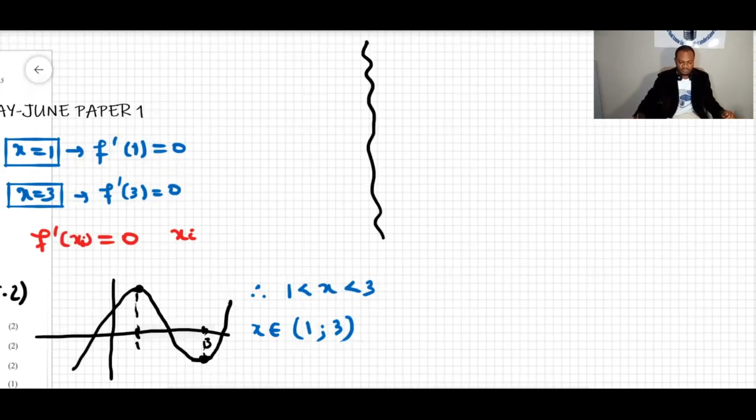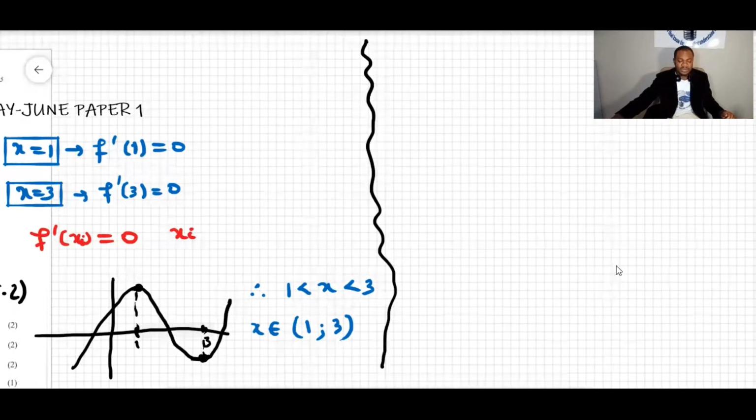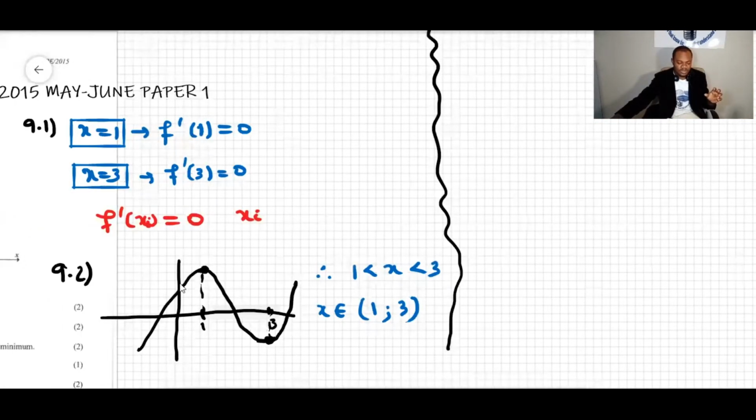In 9.2, I gave you an idea of how I get this graph.